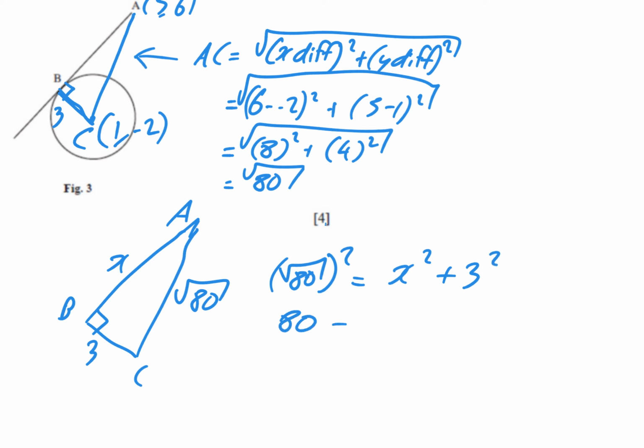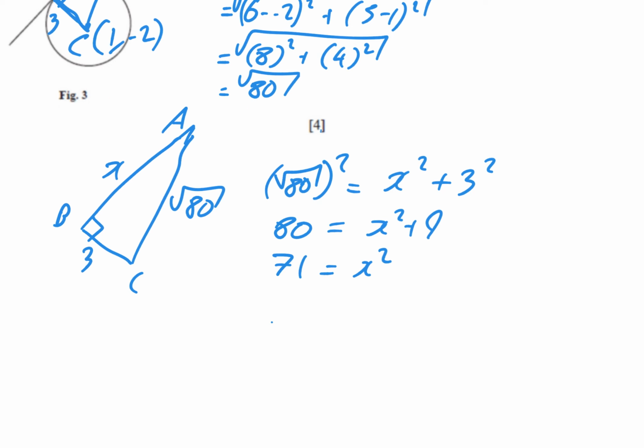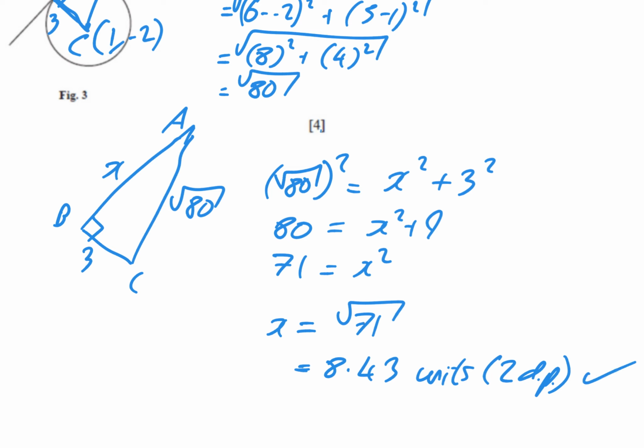Root of 80 squared just gives you 80. x squared plus 9. That means 71 equals x squared, which means your x is equal to the square root of 71. And just do that on your calculator to see what you get. If you square root 71, I've got 8.43, and that's going to be just units, to 2 decimal places.